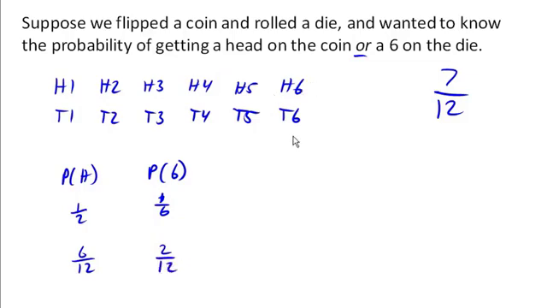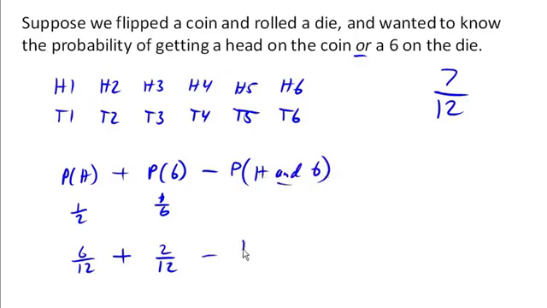And notice if we just added these two up, we'd get too many outcomes. We'd get 8 out of 12. Why? Because we're counting 1, 2, 3, 4, 5, 6 for the heads, and we're counting 1, 2 for the 6s, but we've counted this value twice. So in order to compensate for that, we're going to have to subtract out that value that we double counted. We subtract out the probability of a head and a 6, and there's 1 out of 12 there.